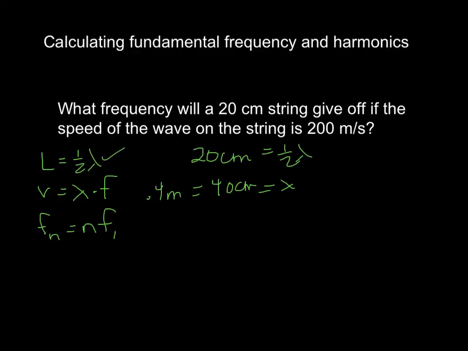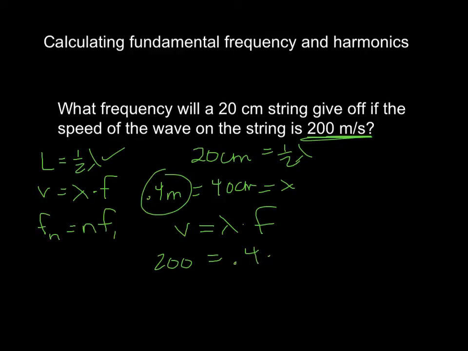Then we're going to use velocity equals wavelength times frequency. We know that the velocity is 200 meters per second, and that's going to equal our wavelength, which we just calculated, 0.4, times our frequency. So our frequency comes out to 500 hertz. That would be our fundamental frequency.